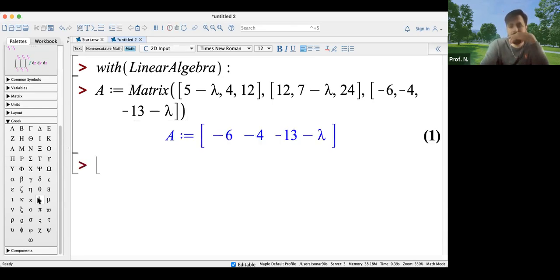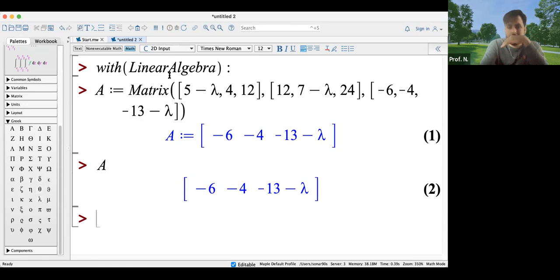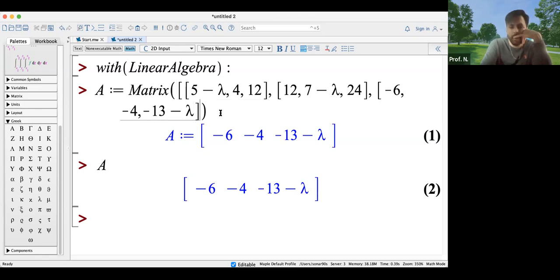And let's see. It should give me, hold on, maybe. Oh, that's right. So the cool thing about Maple is you're able to correct whatever you did previously pretty quickly.